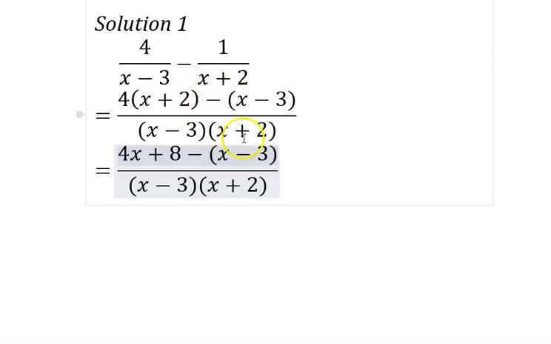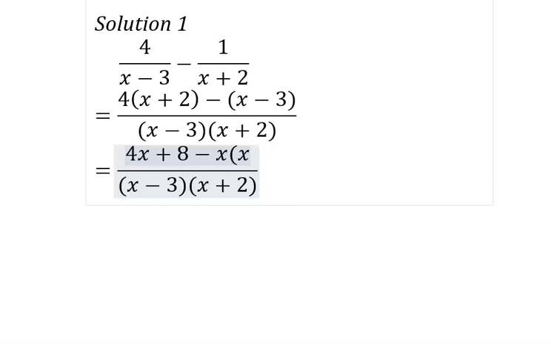Minus times this x will give you what? Minus x. Then minus times minus here. If you have 1 here, we'll just say minus 1 times x will give you what? Minus 1x. Minus 1 times minus 3 will give us plus 3.